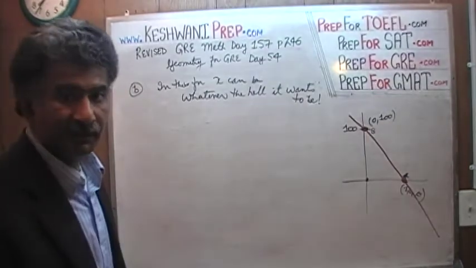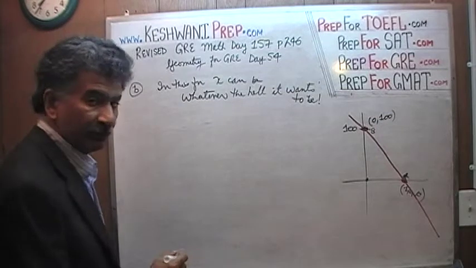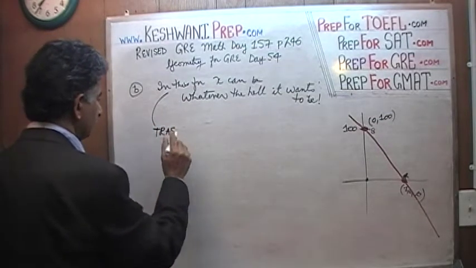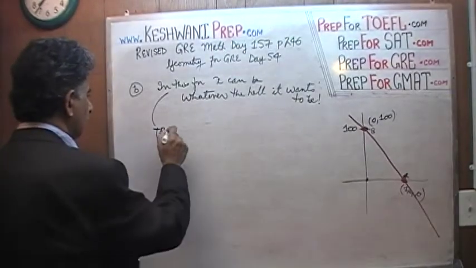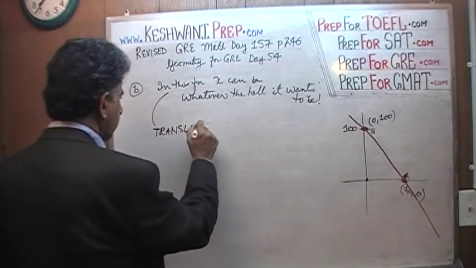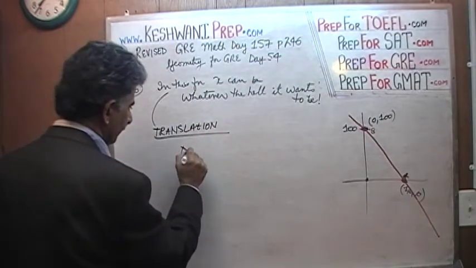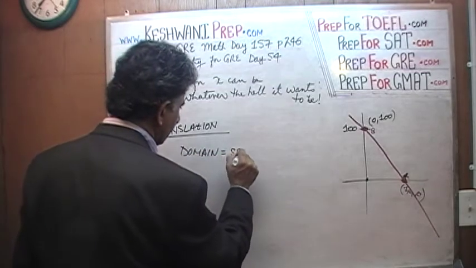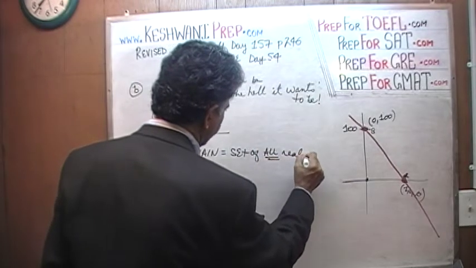What's the translation in the language of mathematics? The translation is: domain equals the set of all real numbers.